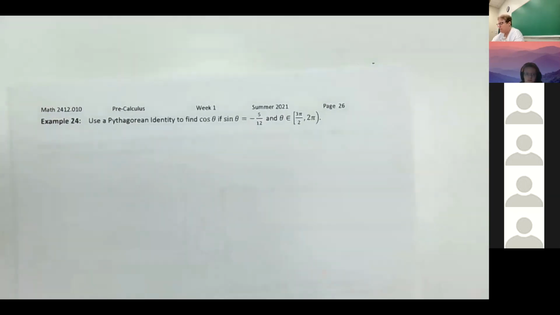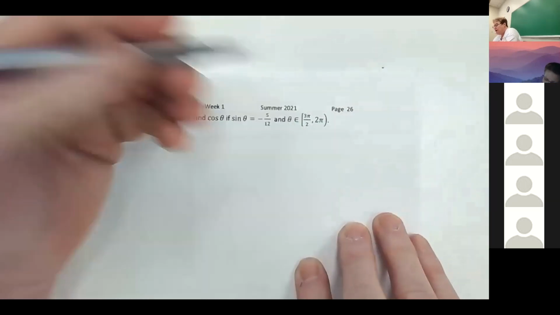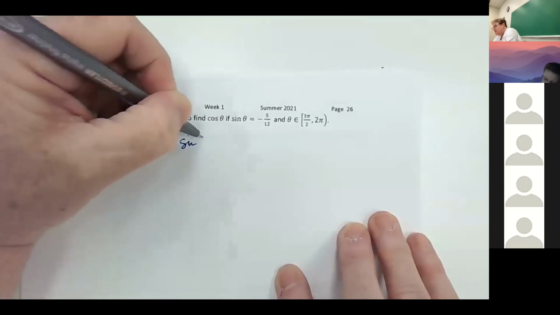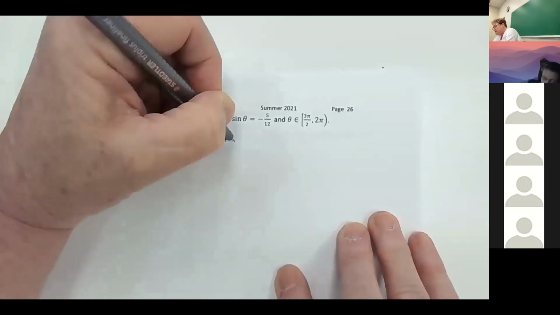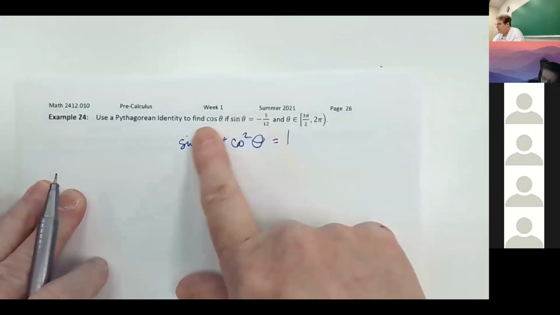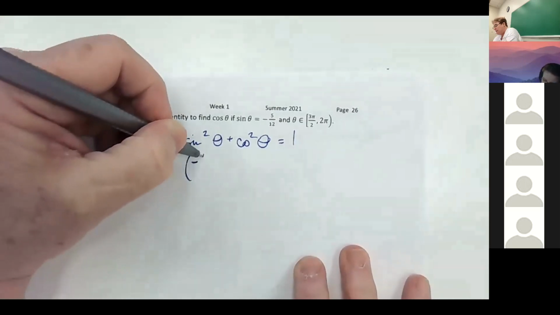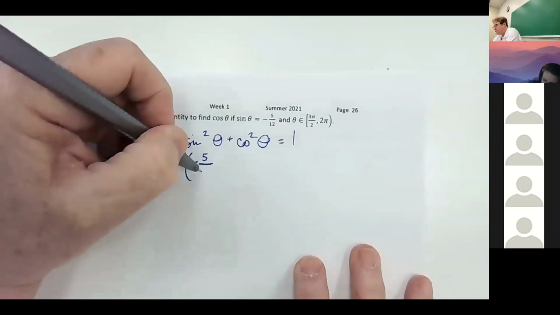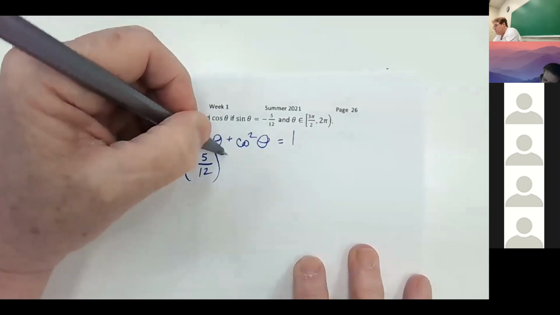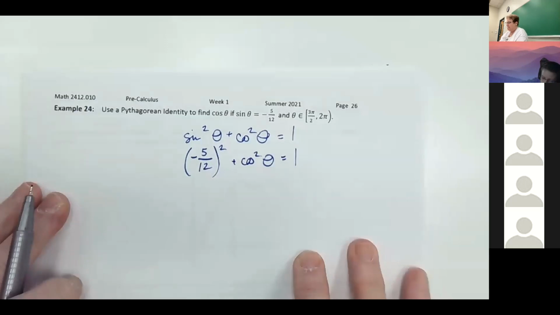We're going to do it in the form of sine square theta plus cosine square theta equals 1, where the sine of theta is negative 5 over 12. Now what?